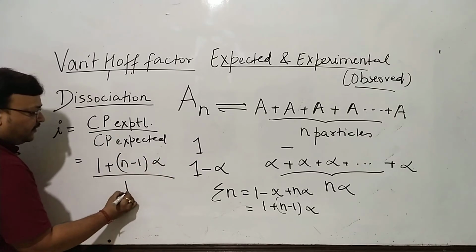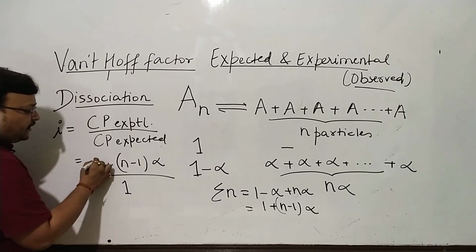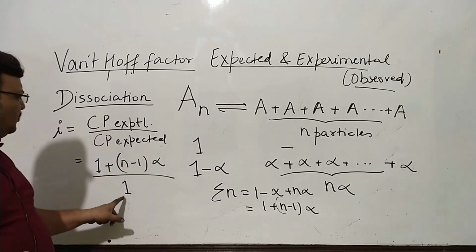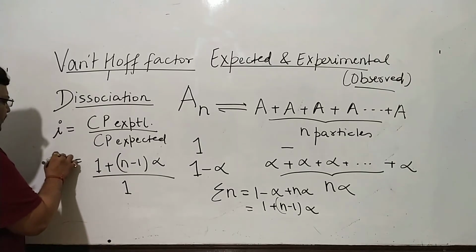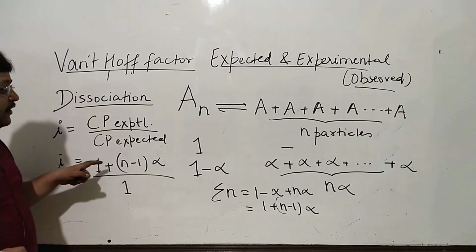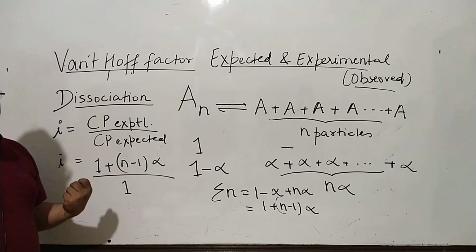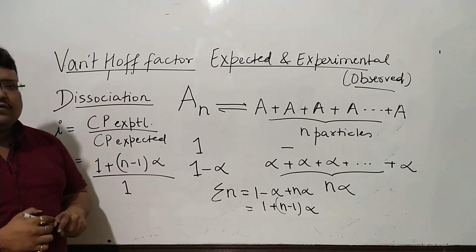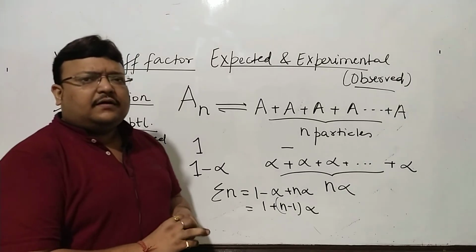And expected is 1. You are expecting it to be 1. So this is for the expected value, and this is the experimental observed real value. So for dissociation, the ratio 1 plus n minus 1 alpha will give you the value of i.